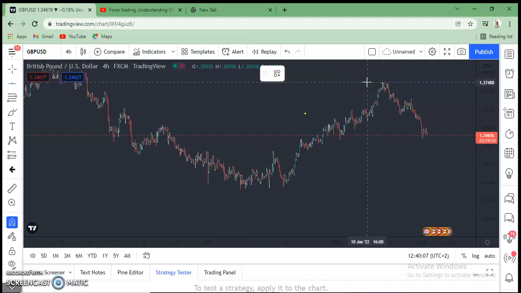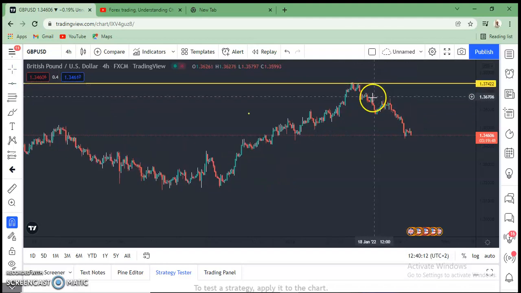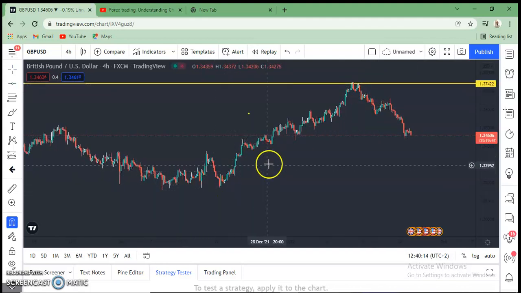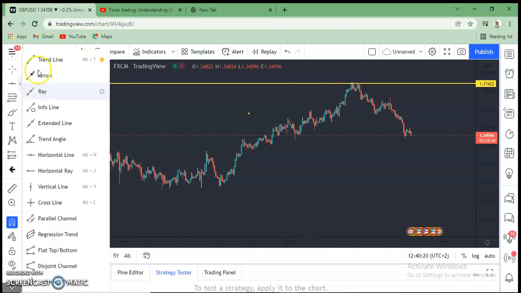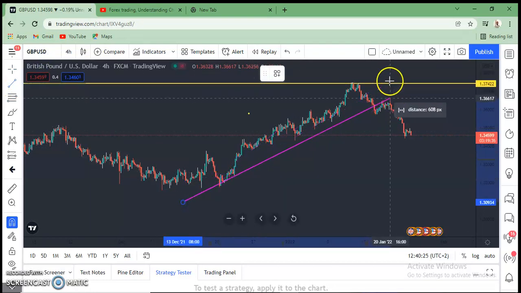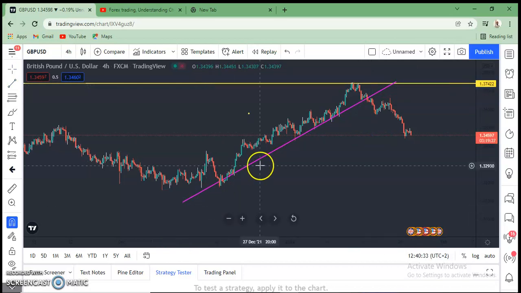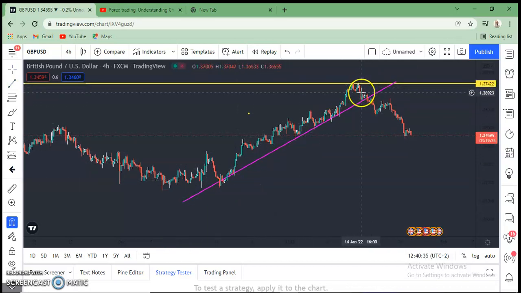If I draw a line there, I'll call that a resistance, because when the market was going up, it reached that point and then rejected and went back. When the market came from here to here, it reached this resistance. It resisted, so this became a resistance, and then it went back again, retested and continued.